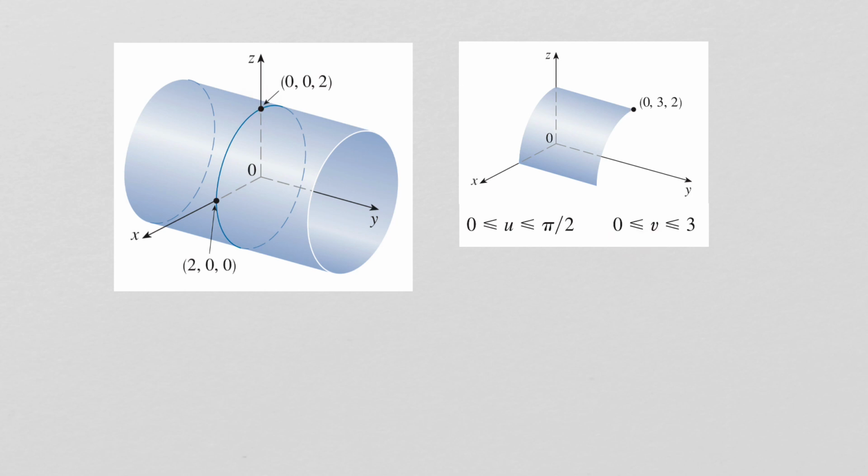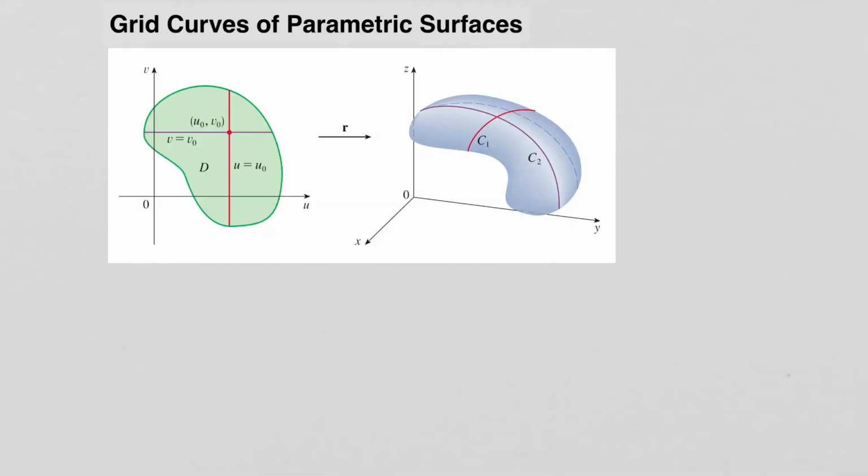Furthermore, if v is between 0 and 3, that means that y will only be a value between 0 and 3, and so that restricts the length of this cylinder. So we can get different surfaces even from the same equations by simply imposing restrictions on our parameters.